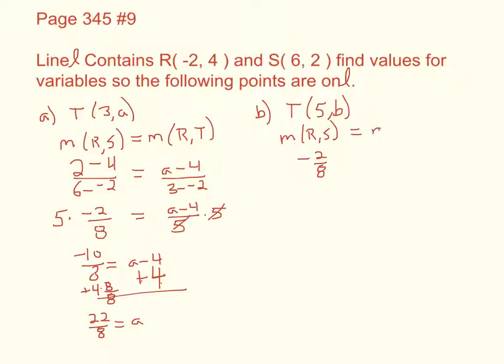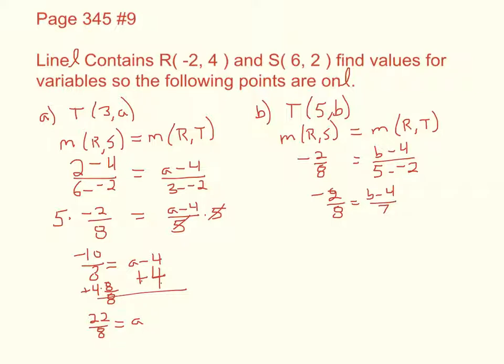And that has to be equal to the slope of the line through points R and T, which in this case is going to be change in y, which is b minus 4, all over change in x, which is 5 minus negative 2. So negative 2 eighths is equal to b minus 4 over 7.